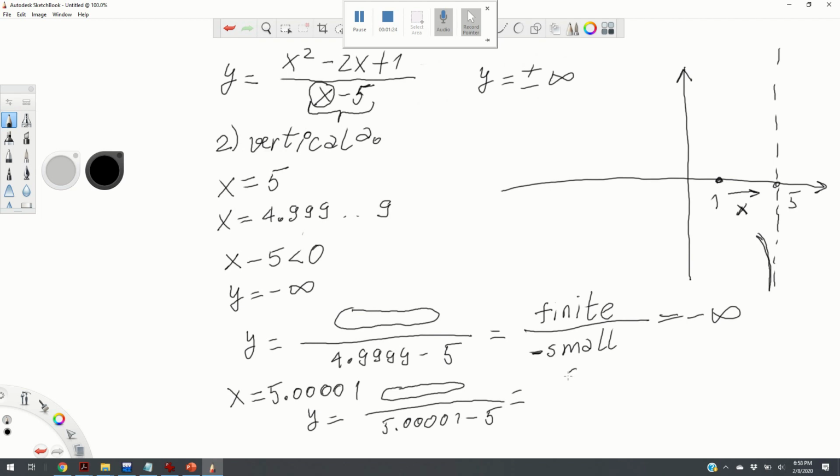This will be equal to something that's finite over a positive and very small number, so this will be plus infinity. So we know that when x approaches 5 from the right side, the value of the function will go to plus infinity.